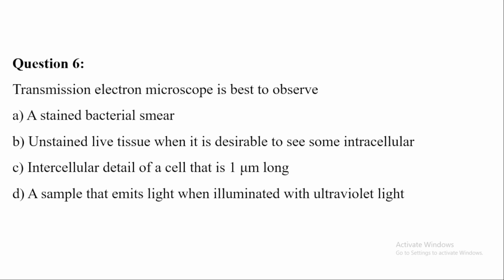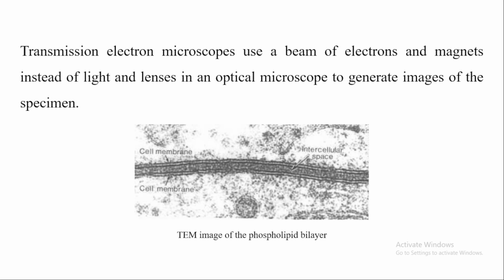Transmission electron microscopes use a beam of electrons and magnets instead of light and lenses. In a light microscope you know that the illumination source is light and we see through lenses to magnify the image. If you want to see a bacterial cell under a light microscope you will use some powerful lenses that can magnify the size of the bacteria so that you can observe.